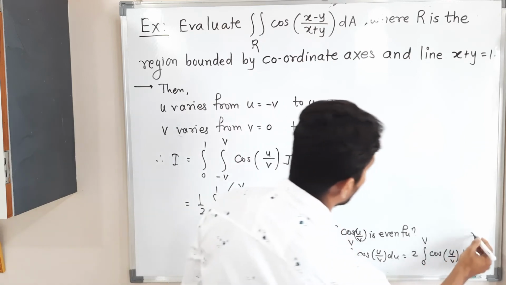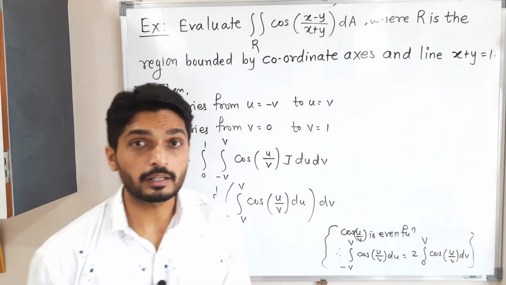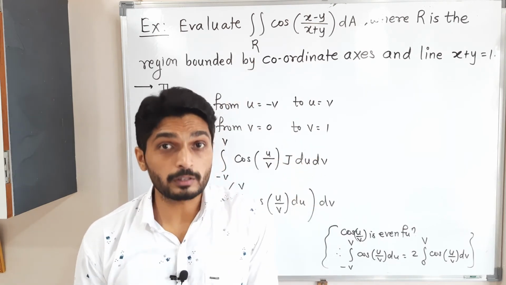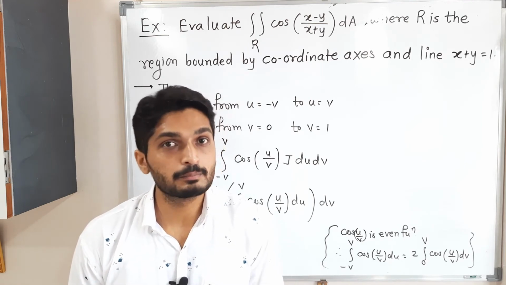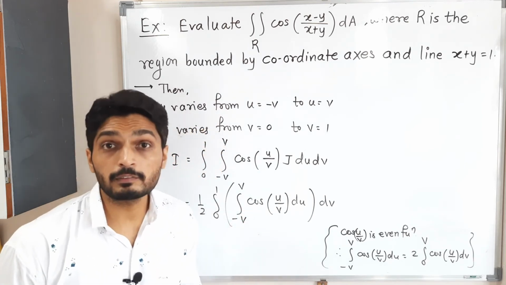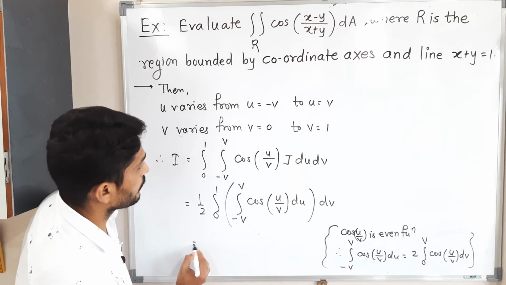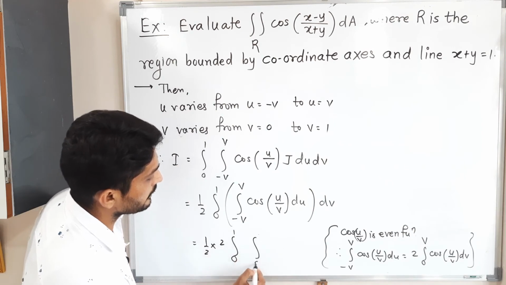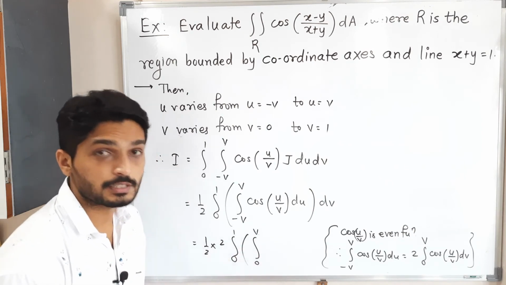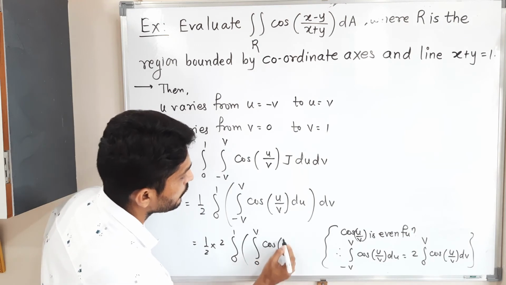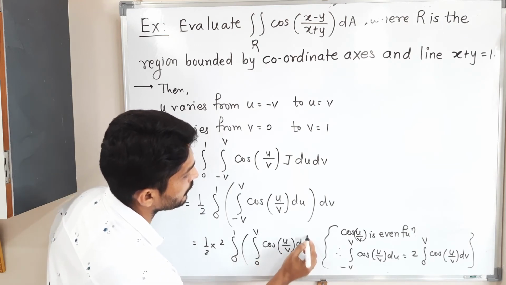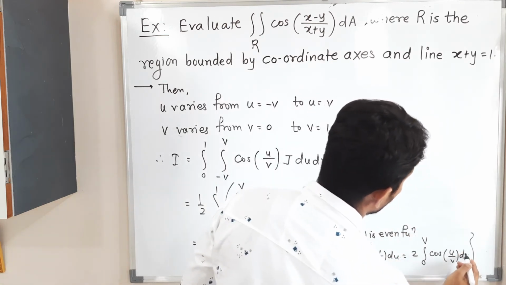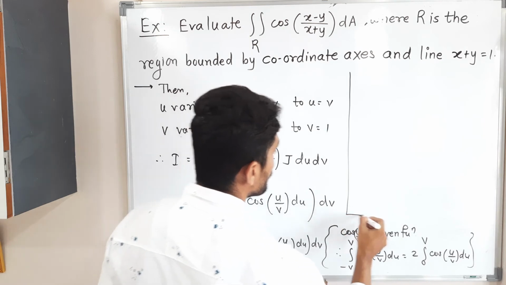The very important thing: if the function is even, then we write 2 into integration 0 to the limit. But if the function is odd, the value of the integration we can directly write as 0. Fortunately we have got an even function, so we can write 2 into. So this is 1 by 2 into 2, 0 to 1, and here 0 to v, the limit will change since the function is even, and we can write cos(u by v) du dv. Sorry, here I was supposed to write du. Okay, let us go further.